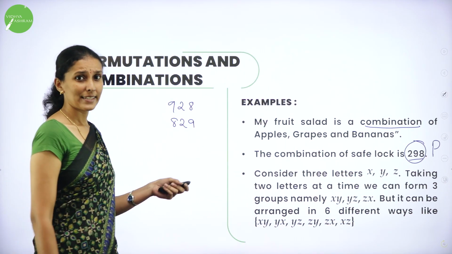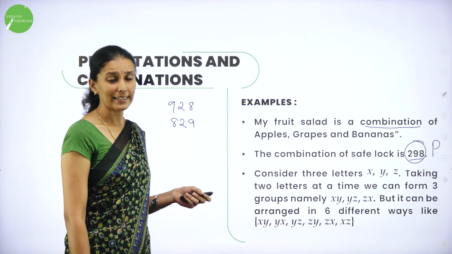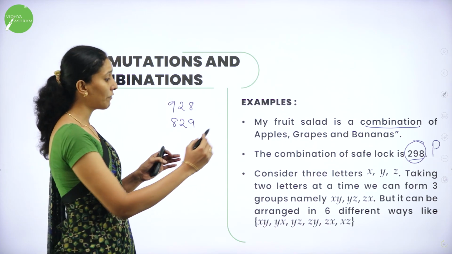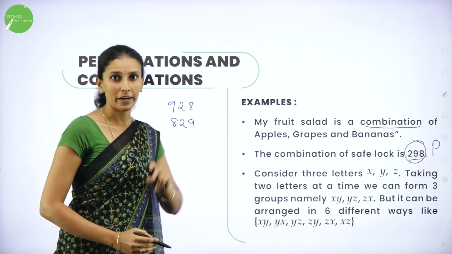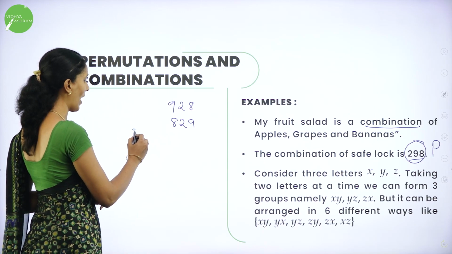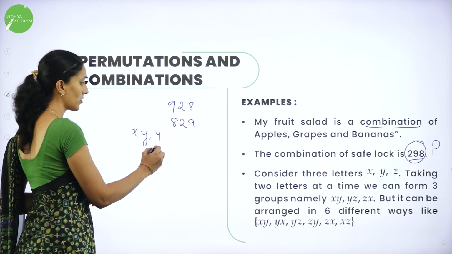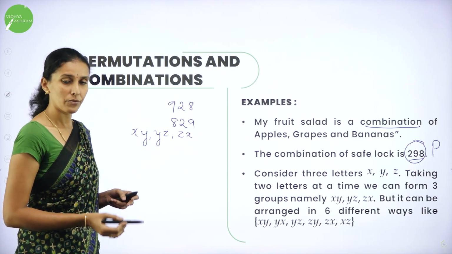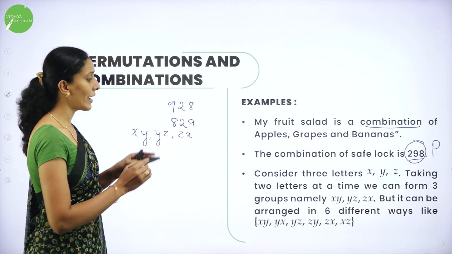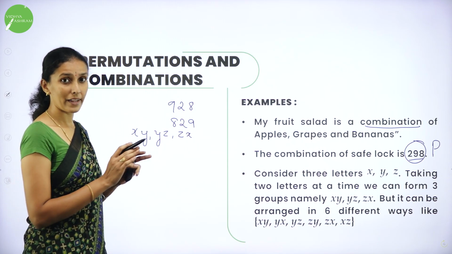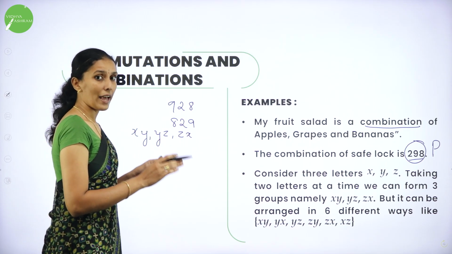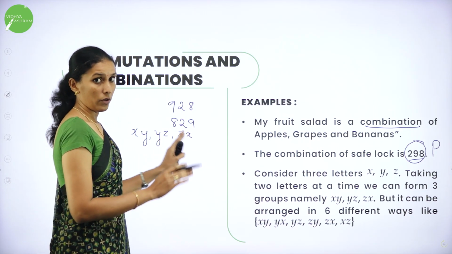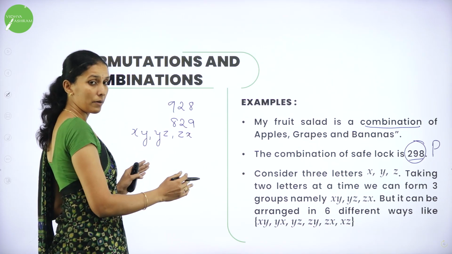Next I am taking an example of letters X, Y, Z. I have to arrange them two at a time, for example XY, YZ and ZX. I can choose any two letters from XYZ and arrange the two letters at a time. I'm just arranging, but this can be arranged in a different manner also.